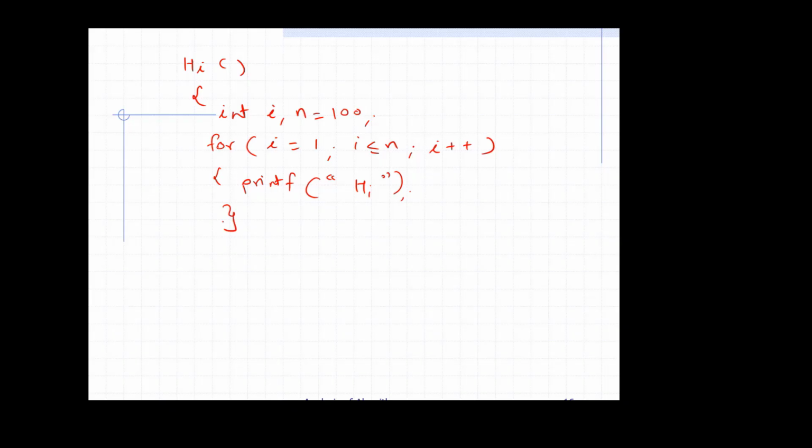So how many times is hi going to get printed in this case? 100 times. Most likely this n, we are not going to have it fixed. We are going to get it as input from the user. So let's say again here you are asking the user to enter n, and then if it is C, you can do scanf.